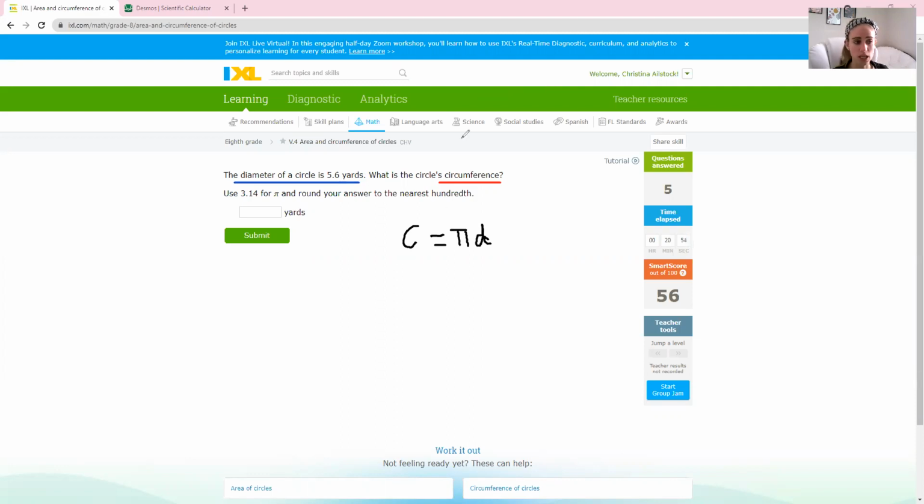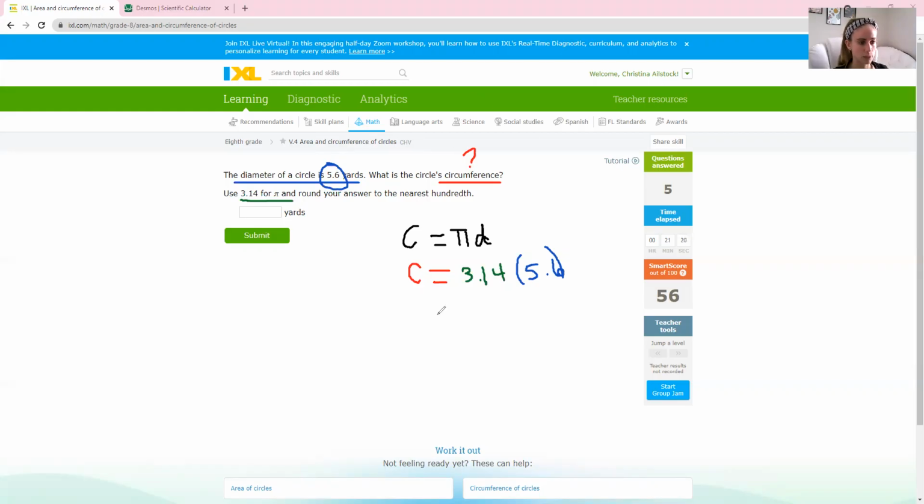Substitute your information in. We are trying to find circumference. That stays a variable. We are using 3.14 for pi. And our diameter is 5 6/10.